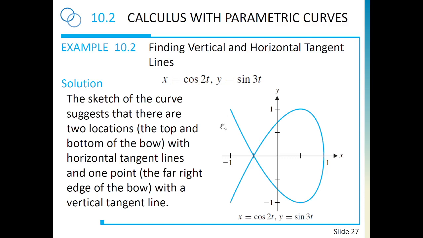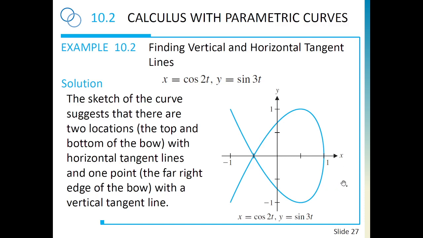So the curve in question looks like this, generated by a graphing computer application. So from here we need to find essentially the points with horizontal tangent. So these 2 points, we need to find their coordinates. Point with vertical tangent, we need to find the coordinates.